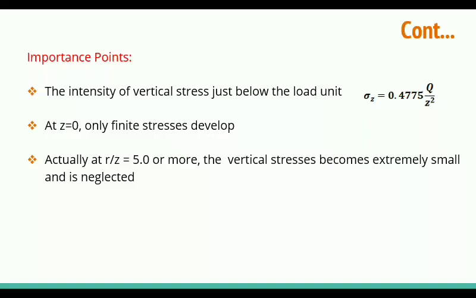This is a very important point you can note down, because where r by z is increasing, sigma z is decreasing. So from r by z equal to 5 or more, we can neglect the vertical stress sigma z.